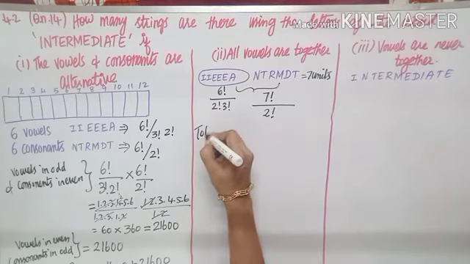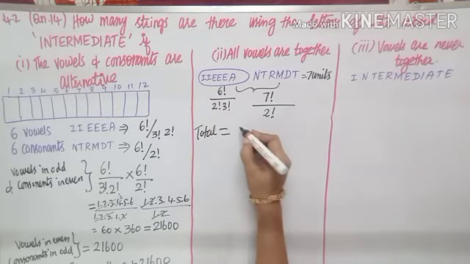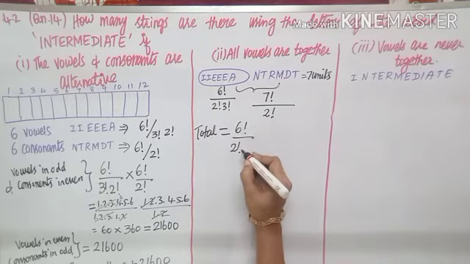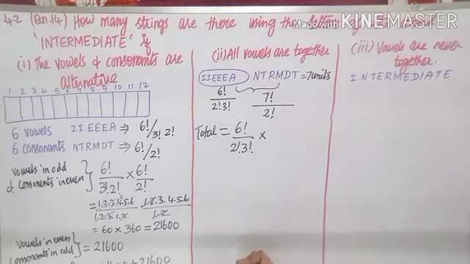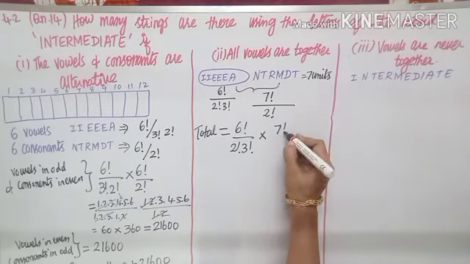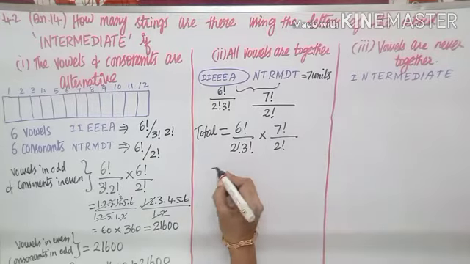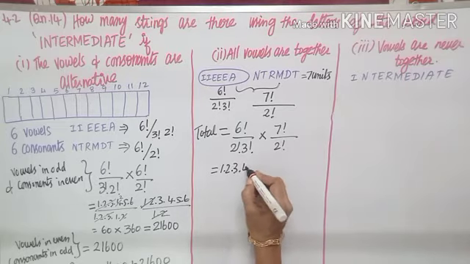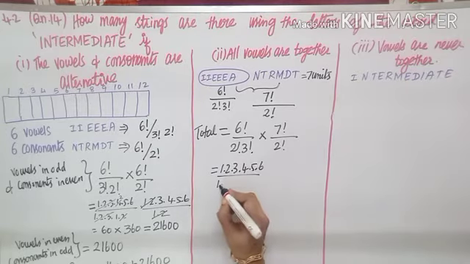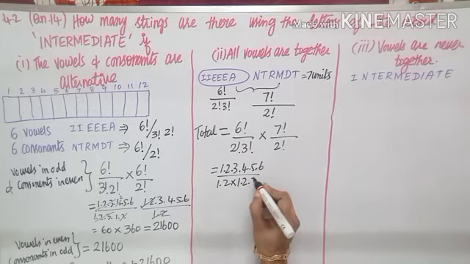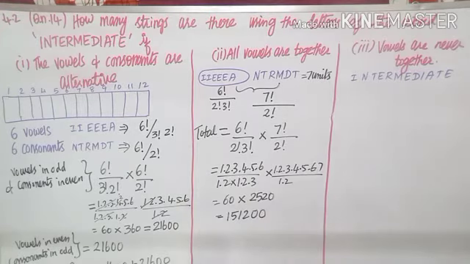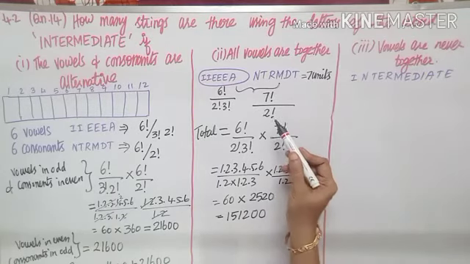So total arrangement, let us multiply 6 factorial by 2 factorial and 3 factorial into 7 factorial by 2 factorial. We get 1, 2, 3, 4, 5, 6. Simplify the answer yourself and check whether it is right. We get 151200. We'll see the steps.